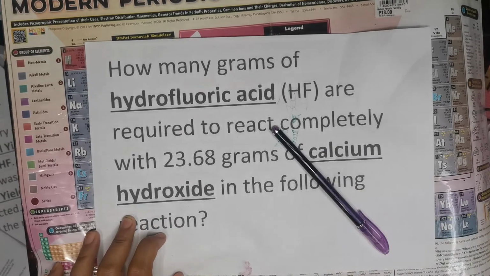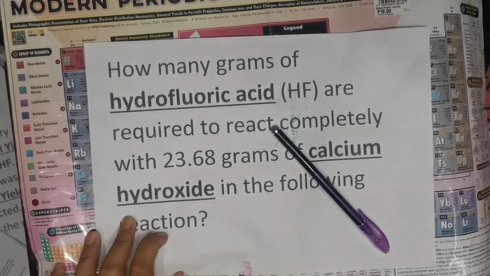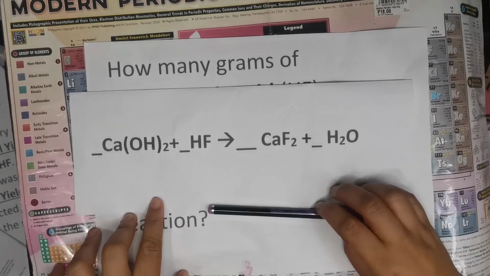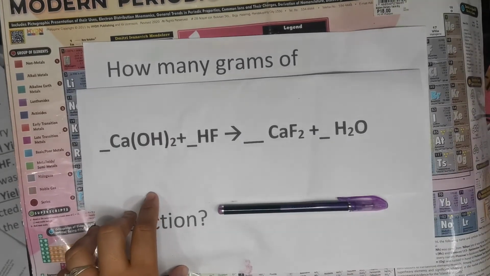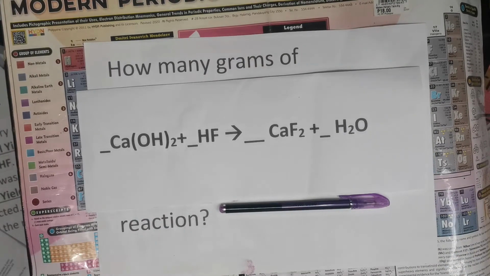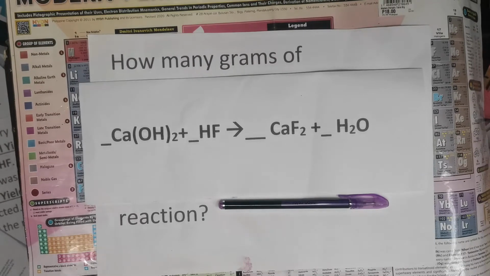So, from this, kailangan natin syempre ng chemical equation. Ang chemical equation natin is this one. We have calcium hydroxide reacts with hydrofluoric acid, yun yung given natin. And their product is calcium fluoride and H2O or water.